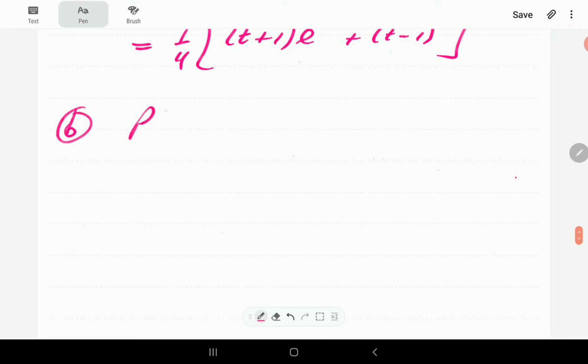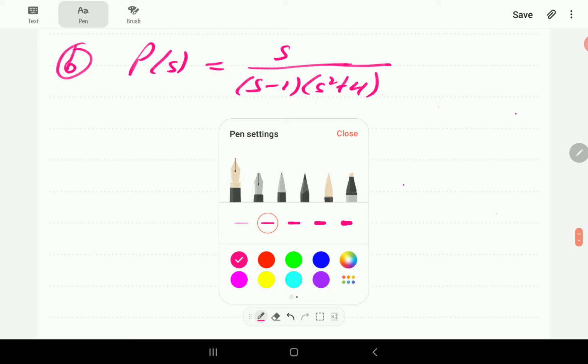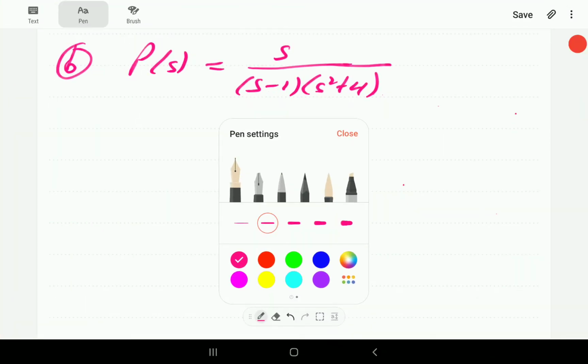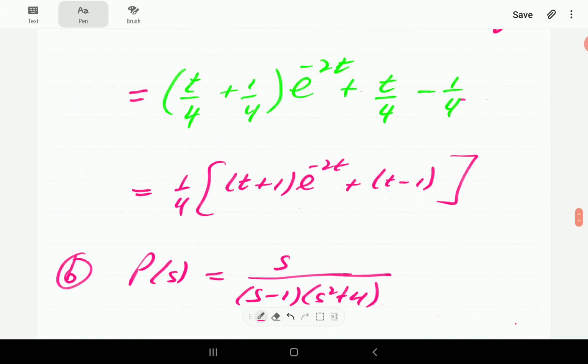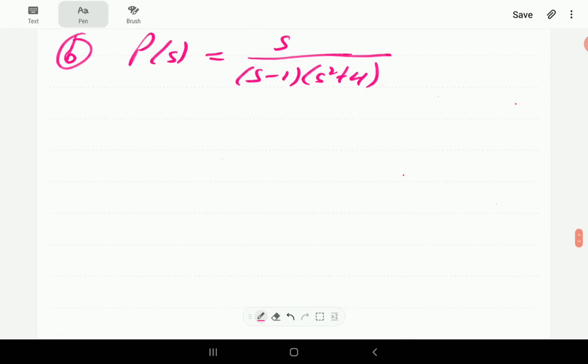In example B, we have s over s minus 1 into s squared plus 4. Now, the way we're going to split this, maybe before we go there, we have s over s minus 1. 1 over s minus 1, we can find the inverse Laplace transform of it from the table of Laplace transforms.